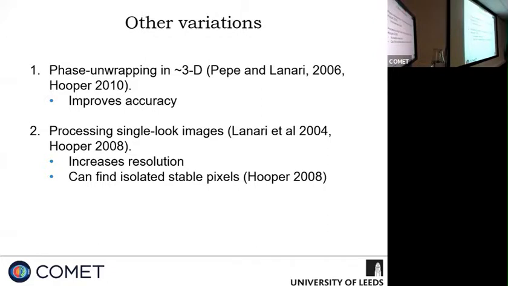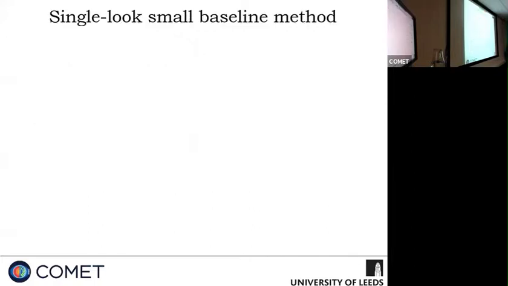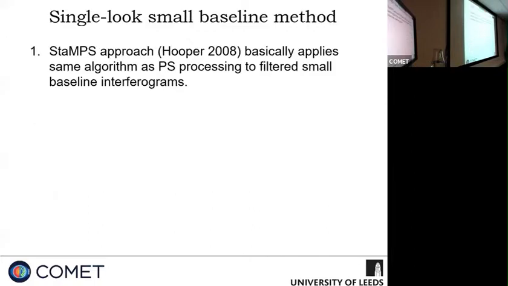Instead of multi-looking your images, you can also try to do this on single-look images to increase your resolution and be a bit better at finding isolated stable pixels. So when resolution is important, use these single-look methods. StaMPS has a small baseline method incorporated in it.